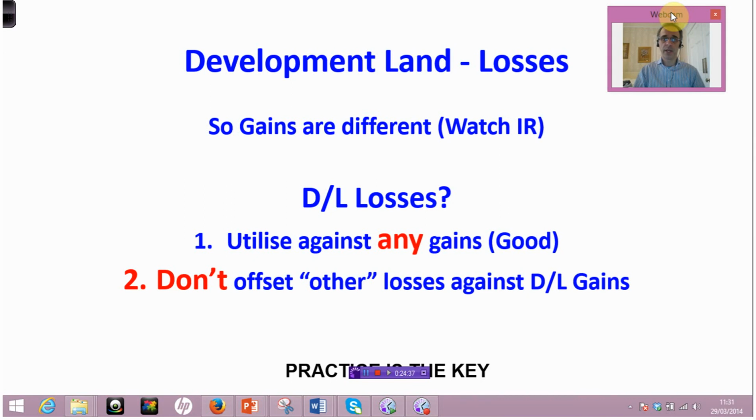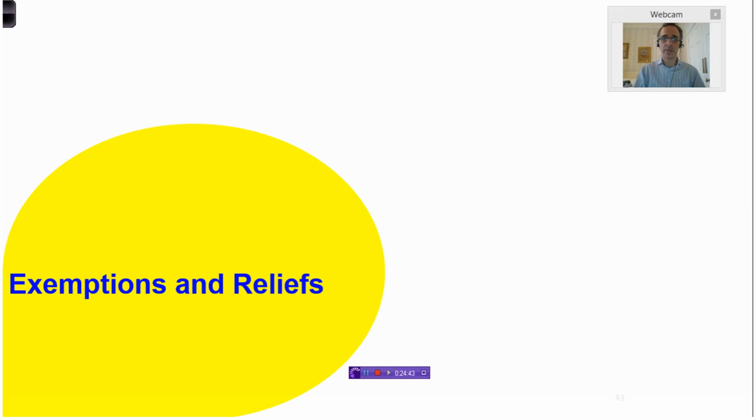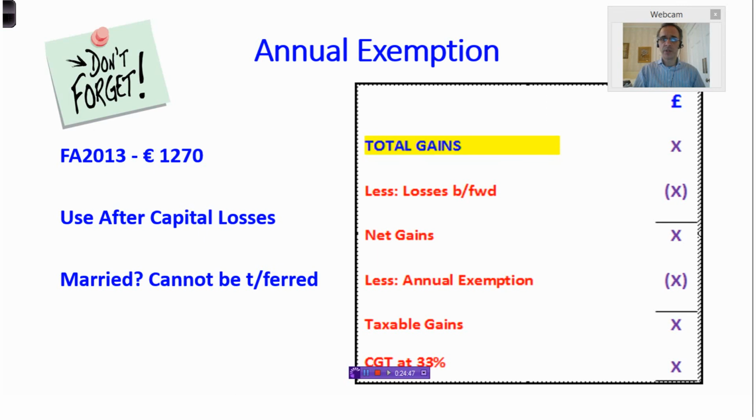Okay, so moving on from here in terms of further detail, and as we're heading towards the close, exemptions and reliefs. Touch on one or two of these. Really, the annual exemption I've already talked about. I've said that the annual exemption is just a free pay amount that we deduct from net gains just before we're about to apply our 33%.